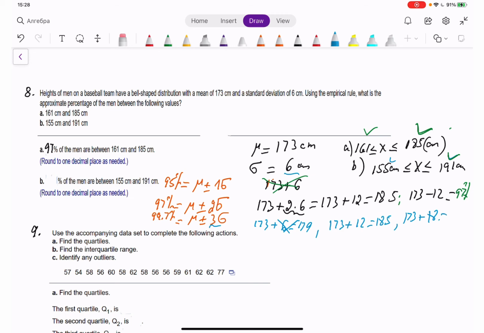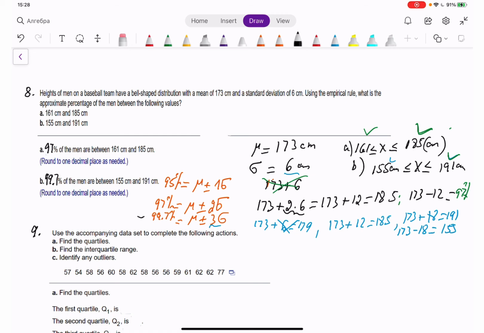Now let's check the other limit also. 173 minus 18 is equal to 155. So which means the answer here is going to be 99.7%, the third one, right?